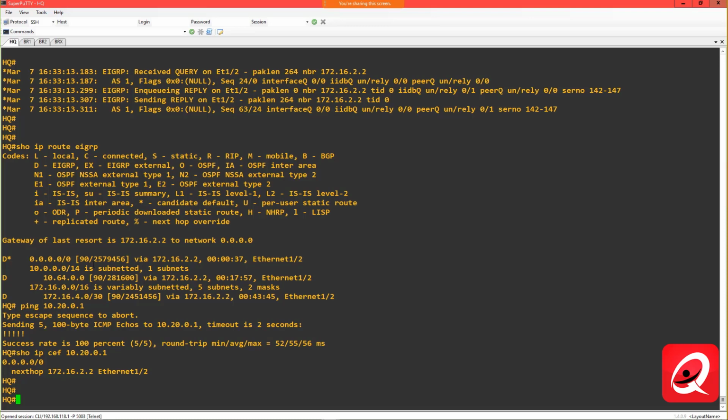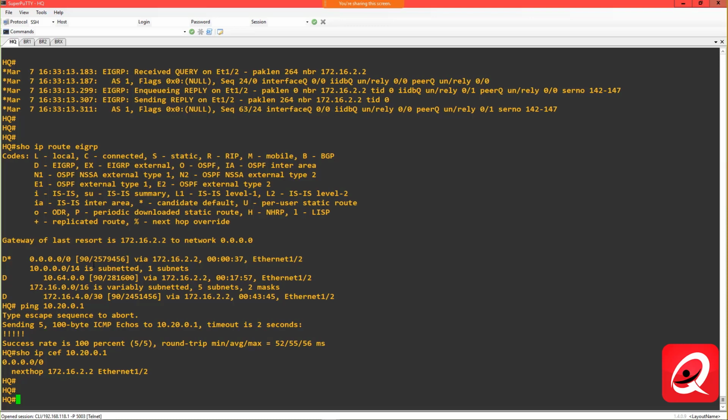All right, let's see, where were we? Okay, so our idea here, obviously with summarization, we've already talked about this throughout the hour and 45 minutes that we've been going here, is that we're trying to come up with a way of reducing the scope of the queries in our topology. We're trying to make a disconnect between what the query is asking for and what's being reported in the reply to scope that query.